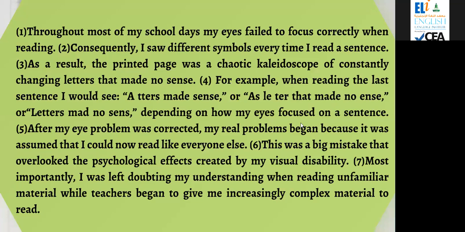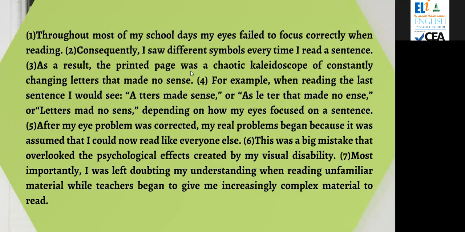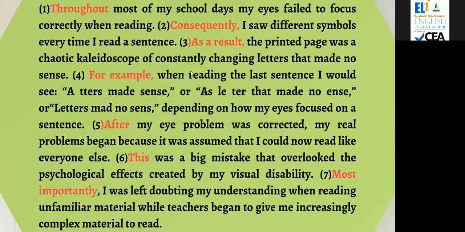So we do sometimes need cohesive devices, but as I said, it's not always necessary to write them, because sometimes even without devices you can write better, a beautiful essay. Okay, here we are. Throughout, consecutive, research, for example, after this, most importantly.